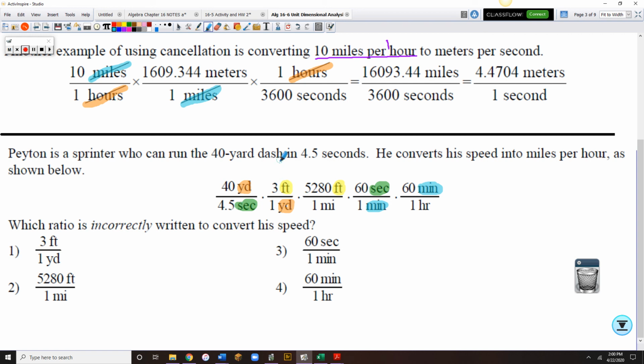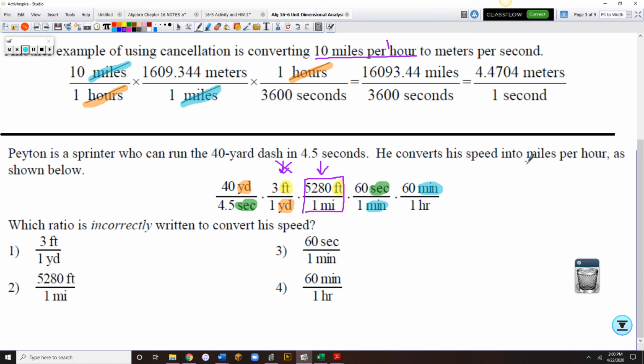If I switch around this one right here, if I switch the 3 feet in the 1 yard and put the 1 yard on top, that won't work because then the yards will both be on top. So if I switch this one instead, if I switch the 5,280 feet and mile, that will put my feet on the bottom where it's supposed to go.